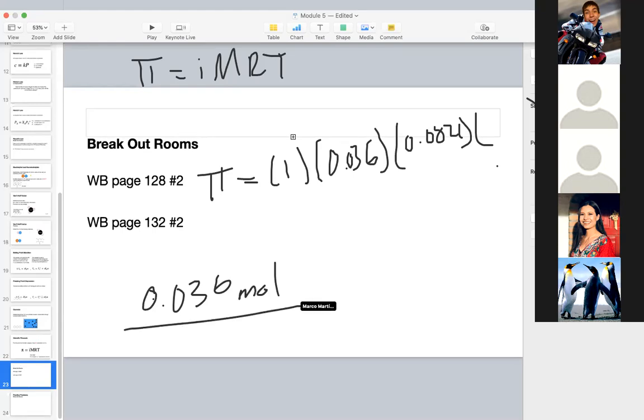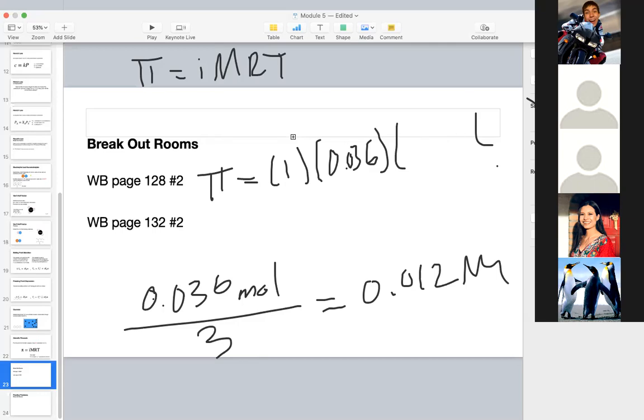It's given to us that we have 3 liters, and then we divide by that. For our molarity, we would get 0.012. So that would be our molarity.